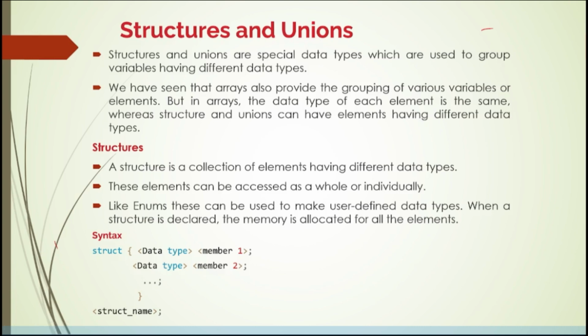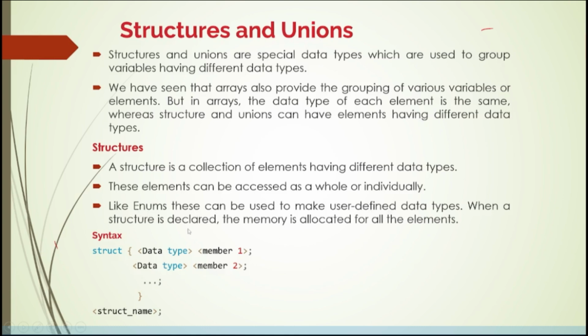Just as collecting elements of the same data type is an array, collecting elements of different data types is a structure. A union is similar. You can access all these different data types at a time, or you can access them individually. Like enums, structures and unions come under user defined data types.